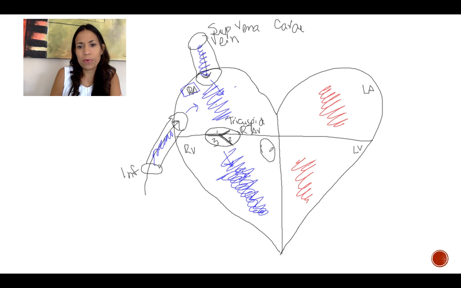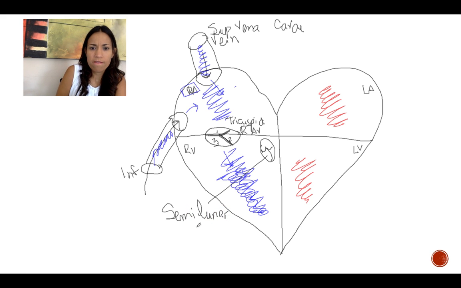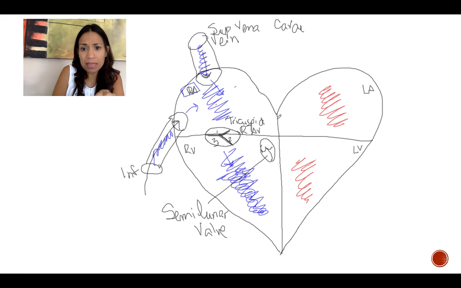So I'm gonna put about here another valve, okay? And this is called a semilunar valve. I'm gonna put it here. Semilunar valve. And this semilunar valve opens or leads to a blood vessel that is getting out of the ventricle, out of the heart.